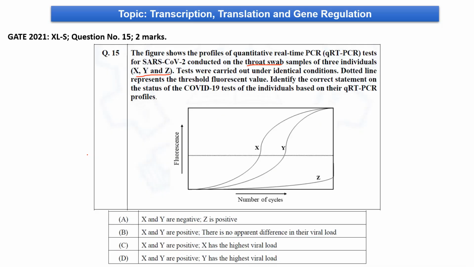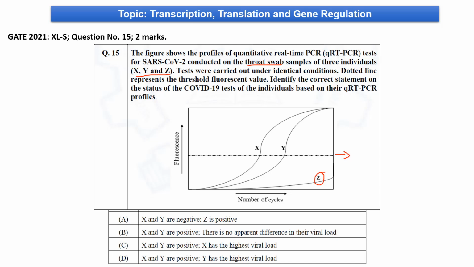So coming back to the question, if we say X, Y, and Z, the fluorescence graph of Z is well below the threshold line. So we can say that the individual Z did not have SARS-CoV-2 virus, and it is negative.